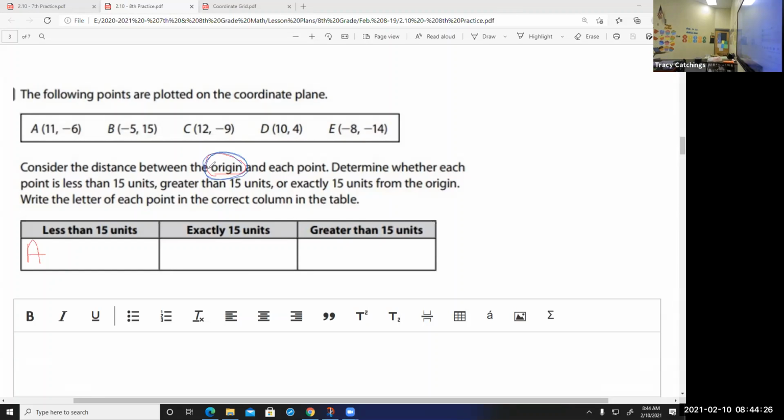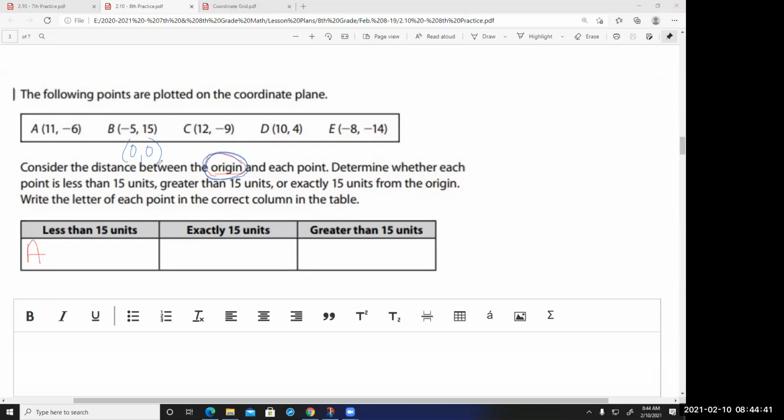We just noted that we're looking at A. If the other point is 0, 0, how far is 0 to -5? How far is 0 to 15?